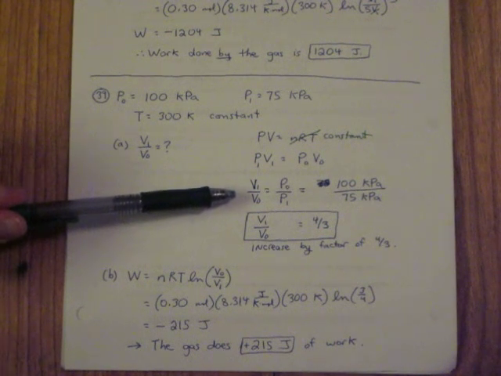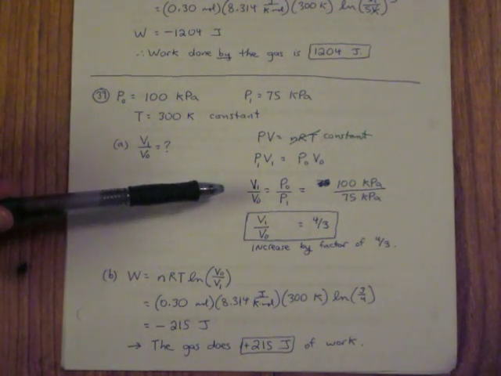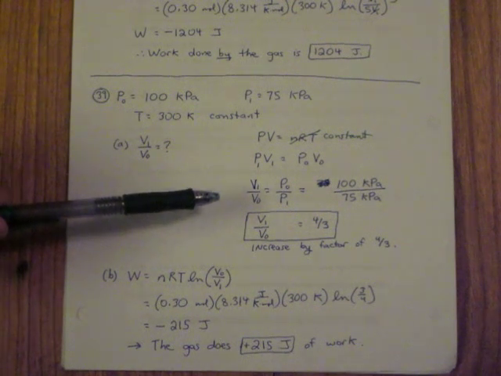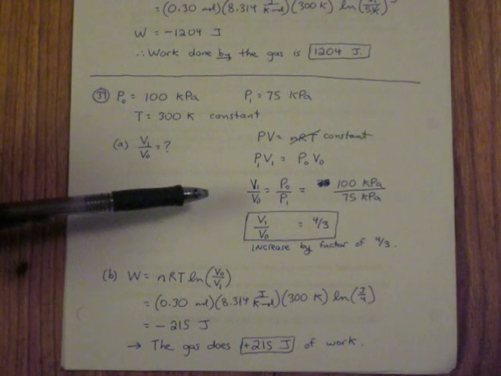And then you can rearrange that algebraically, so you get V1 over V0 equals P0 over P1, 100 kilopascals over 75 kilopascals. There's no need to convert that to MKS units because the units, kilopascals, are going to go away.